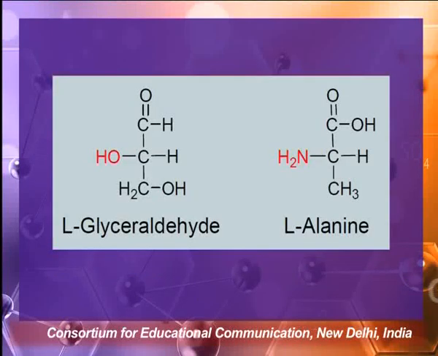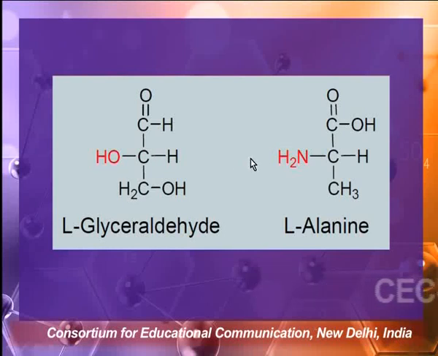What you can see on your screens is the structure of L-glyceraldehyde, and in L-glyceraldehyde we find that the OH is on the left hand side. Similarly, in L-alanine the amino group is on the left hand side.